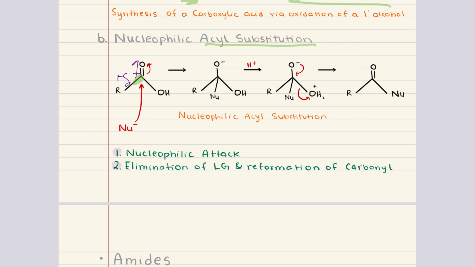So in the first step of the mechanism, the nucleophile attacks the carbonyl carbon, causing the electrons in the carbonyl bond to temporarily shift up to the oxygen atom. So we're temporarily breaking the double bond and forming a tetrahedral intermediate.